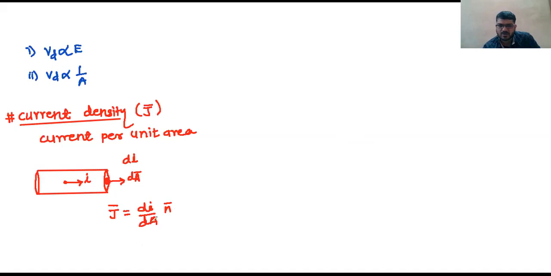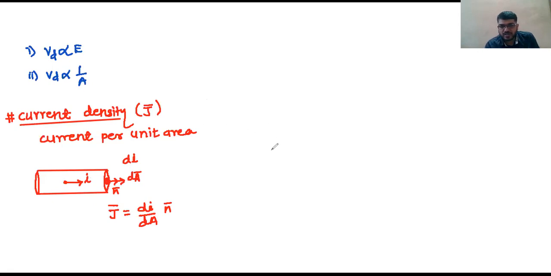Then J bar is equal to di by dA into n bar. N bar just indicates the direction. If you want, you can note down here: n bar is the direction of the area. This is case 1, in which the area is along the current.